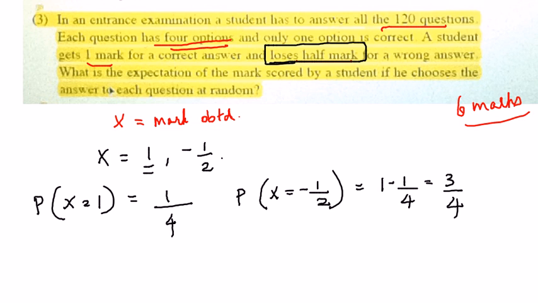So that's why we have put it as minus half for the wrong answer. So the probability of getting the answer correct is 1 by 4. Out of the 4 options, 1 will be correct, so it is 1 by 4. So obviously the probability of getting a wrong answer is 3 by 4, right?